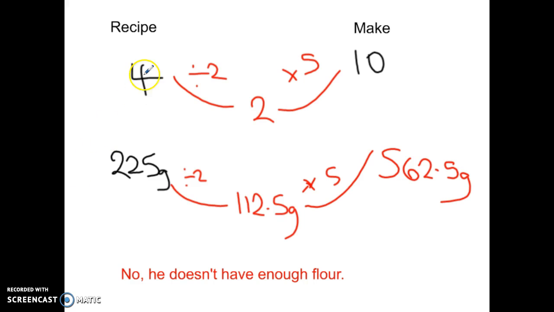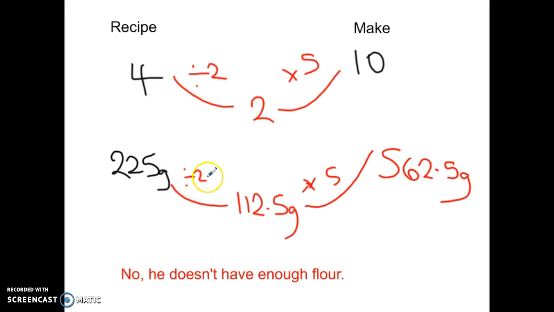So again, 4 doesn't go into 10 a whole number of times, so I'm going to use that highest common factor method again, and 2 goes into 4 and goes into 10. So getting from 4 to 2 is a division by 2, and then from 2 to 10 I multiply by 5. So I'm going to do that same maths with the 225 grams of the flour.